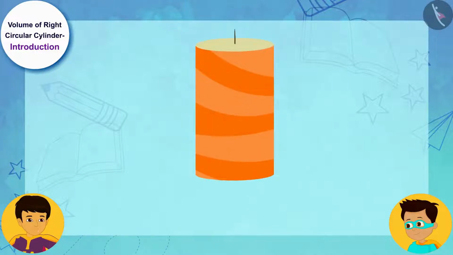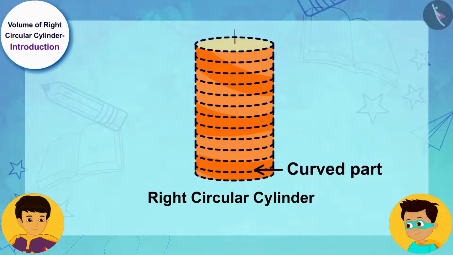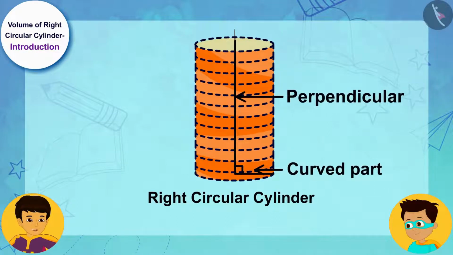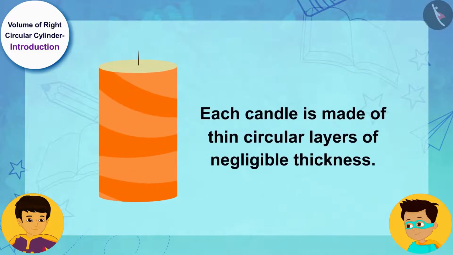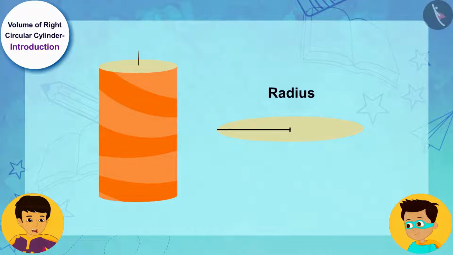Each candle is a right circular cylinder because its curved part is perpendicular to its base. Imagine that each candle is made of thin circular layers of negligible thickness, and the radius of each circular layer is r.